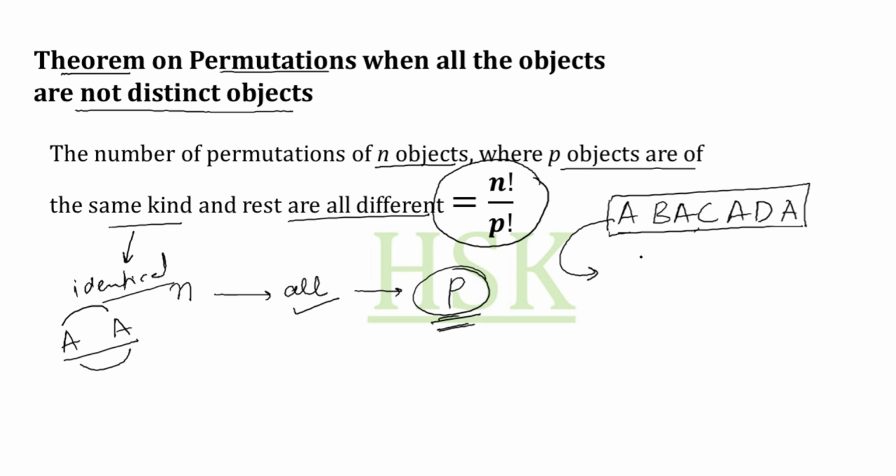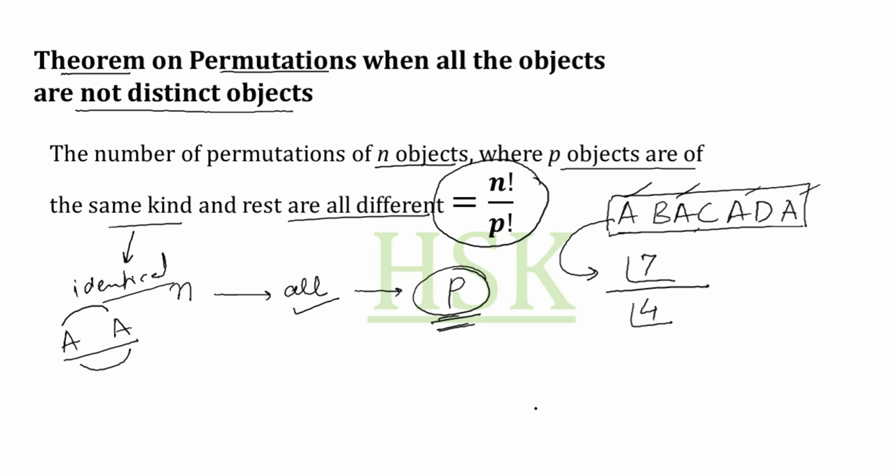These are 7 letters. So if we have to calculate the number of arrangements or permutations these letters are going to produce, this will be equal to 7 factorial, and because A is repeated 4 times, this will be equal to 7 factorial upon 4 factorial. So this is how we are going to apply this formula, or this is a condition in which we can apply this formula.